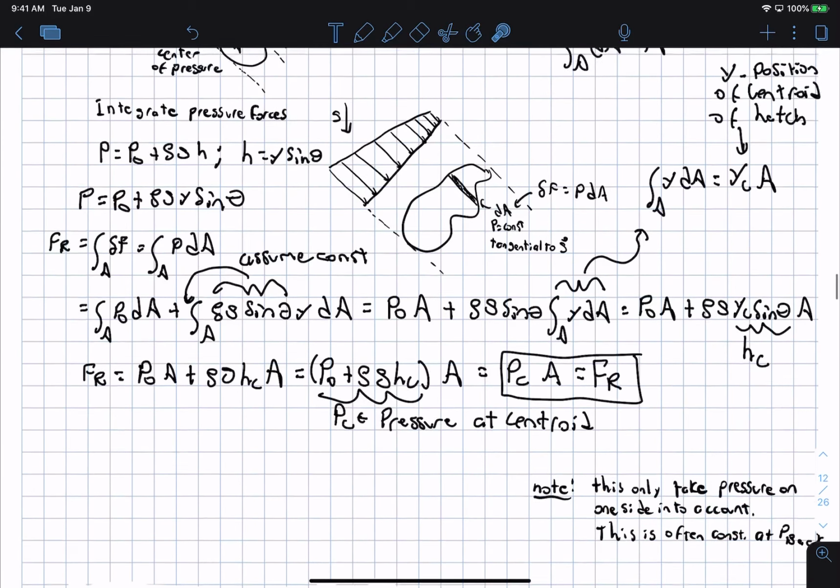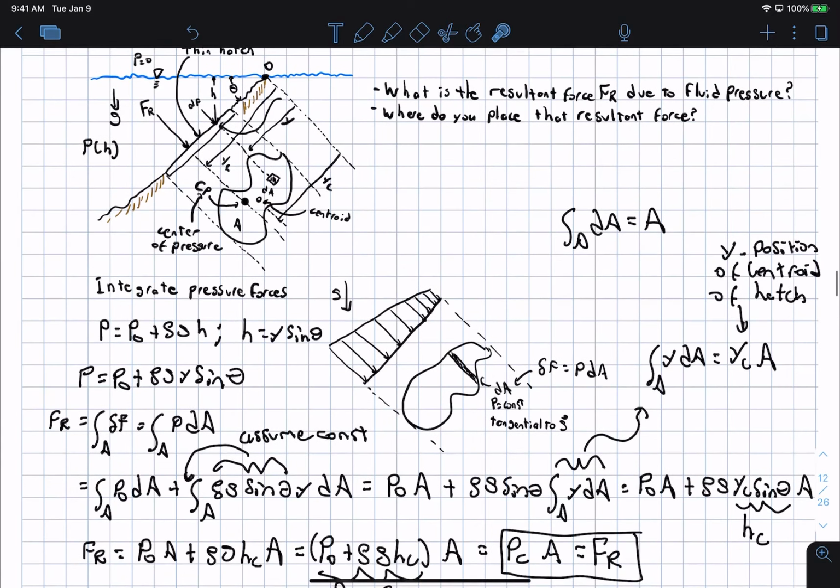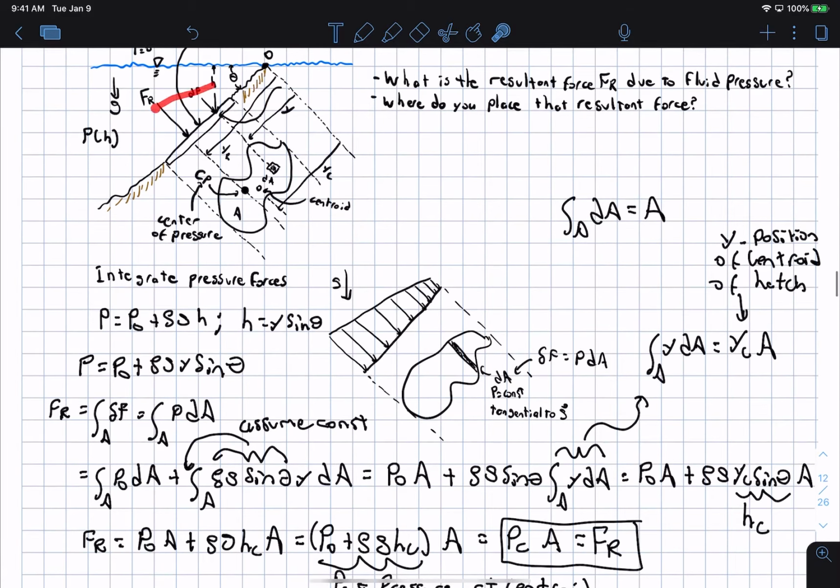But more often than not, for instance, if this is the side of a tank here, there will be a pressure loading on the back too. But oftentimes that's just air, and so that's nothing more than the atmospheric pressure, an almost uniform load of atmospheric pressure pushing on the back. Okay, and so basically don't forget that this analysis only considered one side. And sometimes you'll have different fluids on both sides, and so you need to consider the loading on both sides.